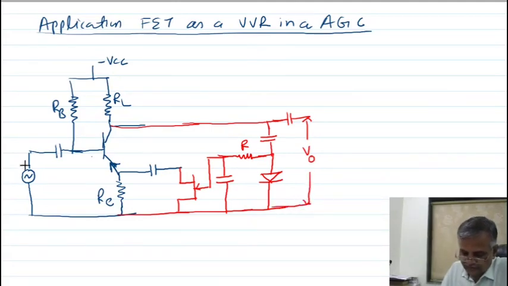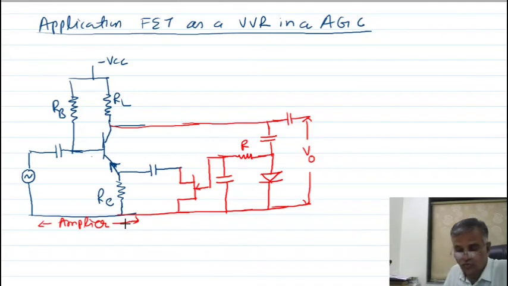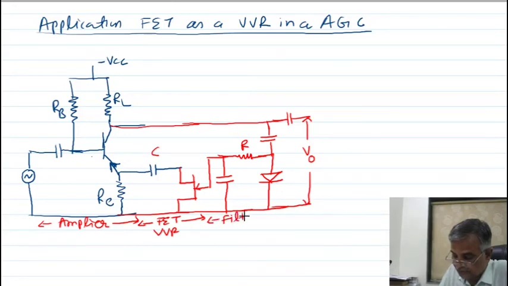Look carefully here. This is the amplifier I am discussing, whose voltage should remain constant. This is your FET working as a VVR. This is your filter circuit, and this is your clamper.